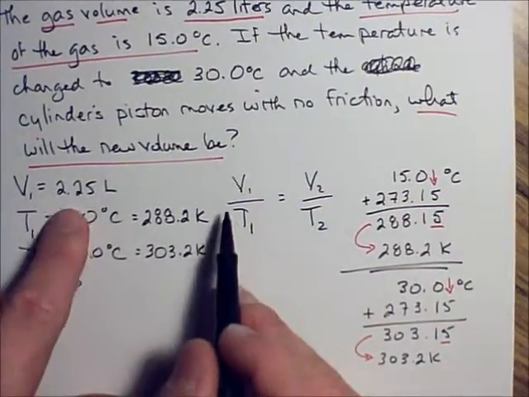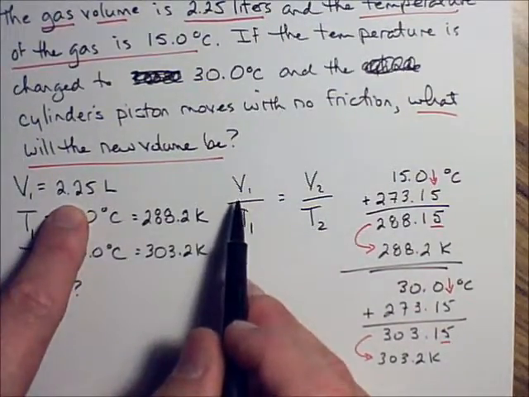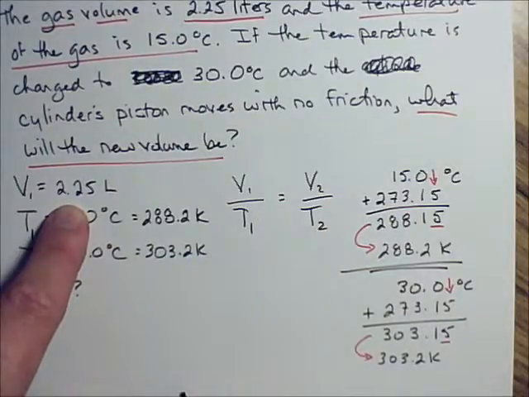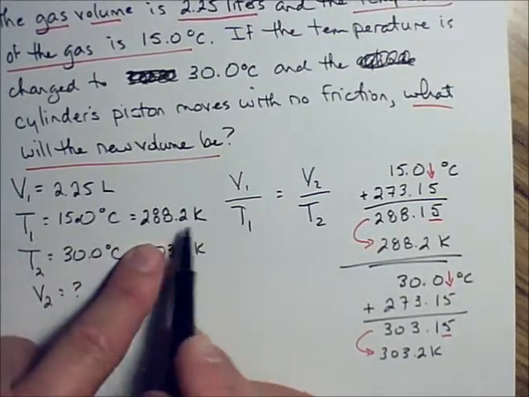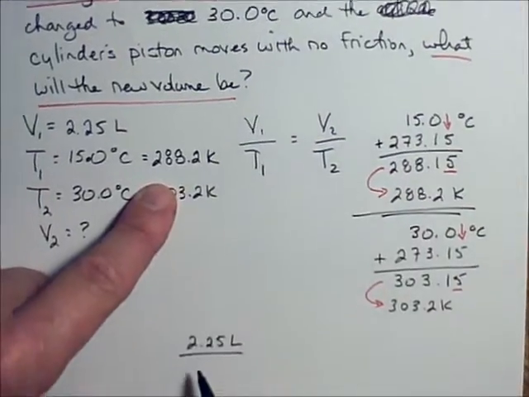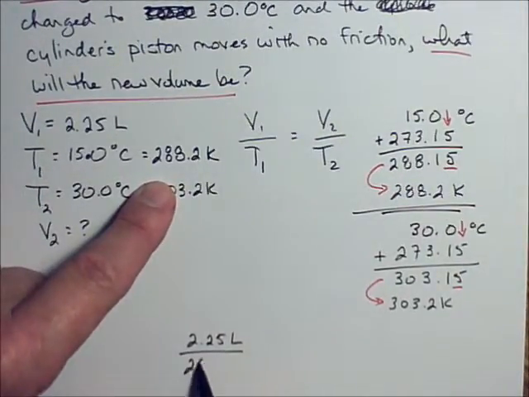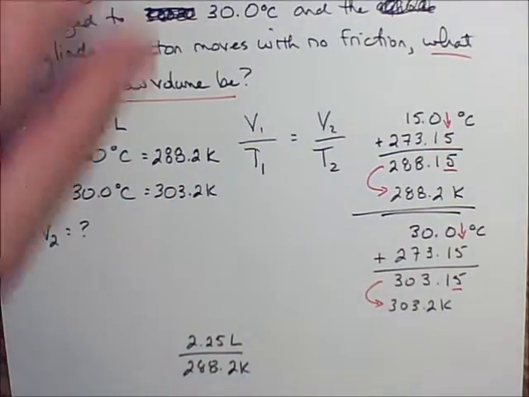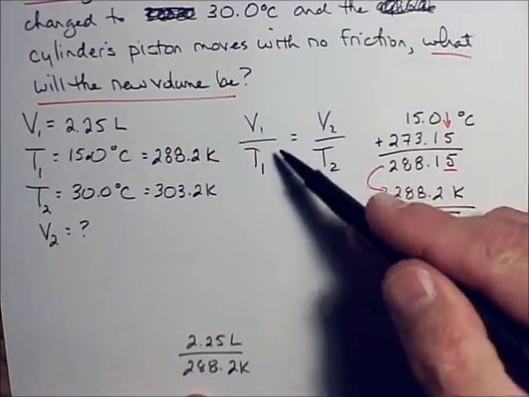So for V1, since we know V1 is 2.25 liters, we'll put 2.25 liters on top of the fraction. And T1 is 288.2 K. We're going to put that on the bottom of the fraction. So we plugged in our knowns into this part of the equation.